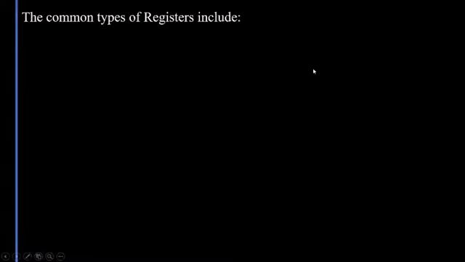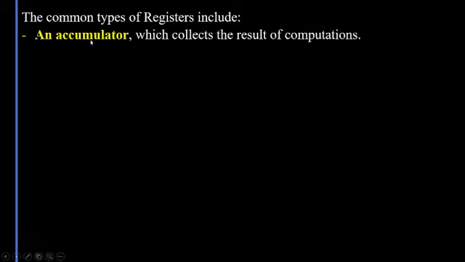Now, let's look at common types of registers. Not that we have only these, but we are looking at the most common. One, we have the accumulator, like you have seen in the previous diagram.